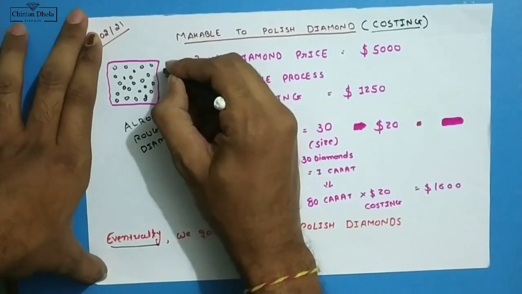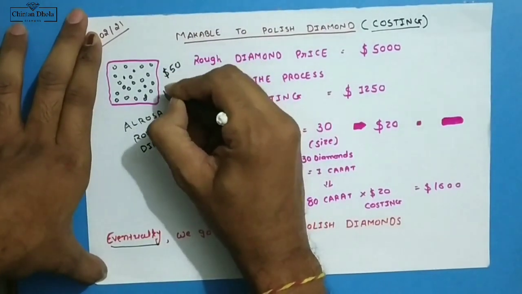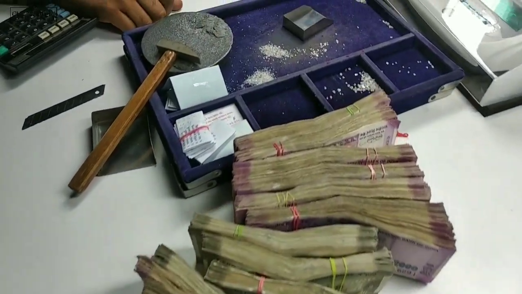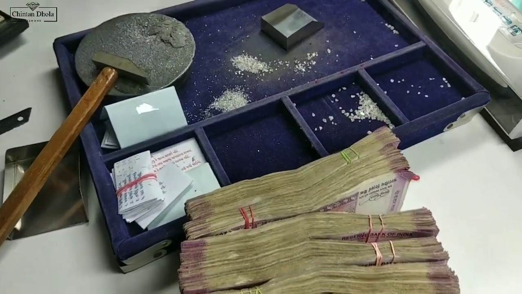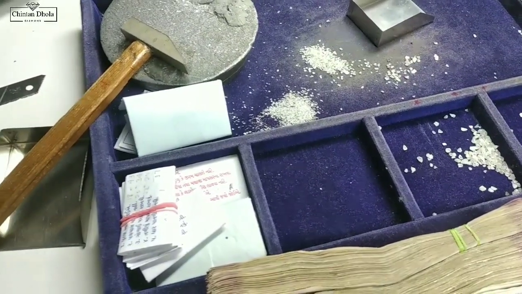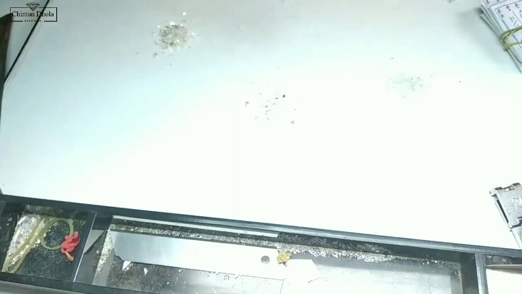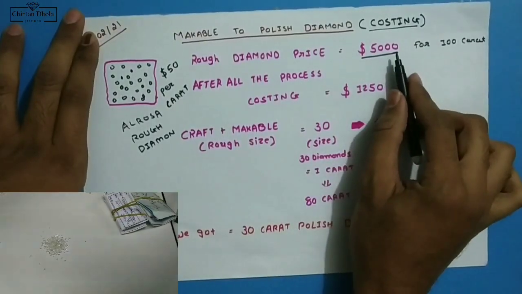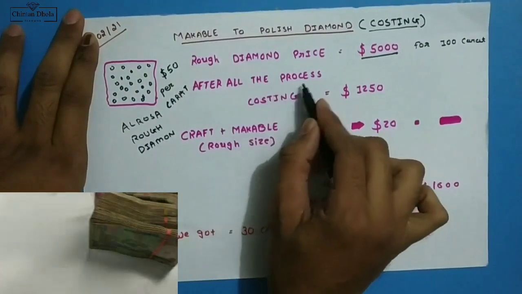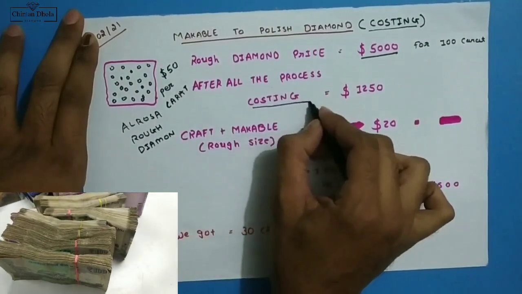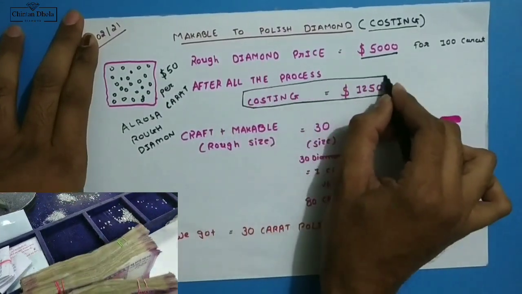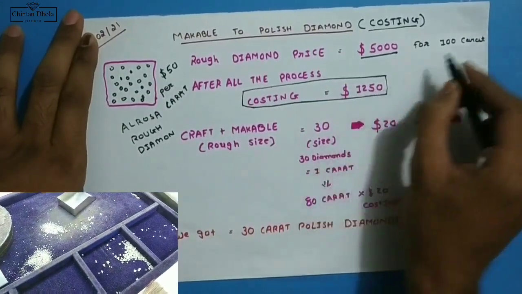This diamond price is $50 per carat. Okay, the rough diamond price we already paid is $5000 for a particular 100 carat. After that I do all the processes, and the costing of all the processes for craft manufacturing is $1250.